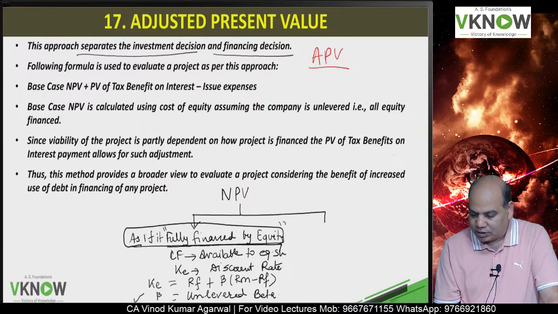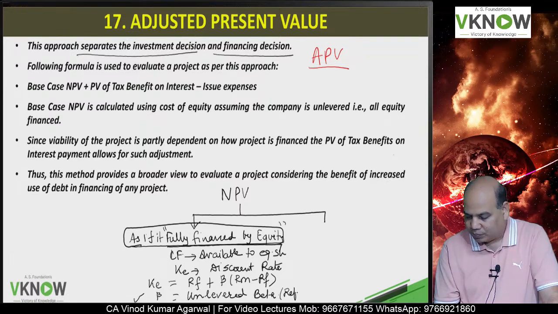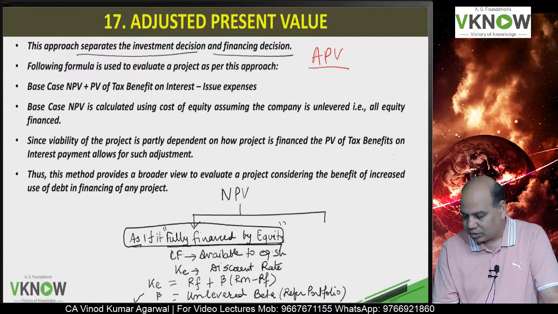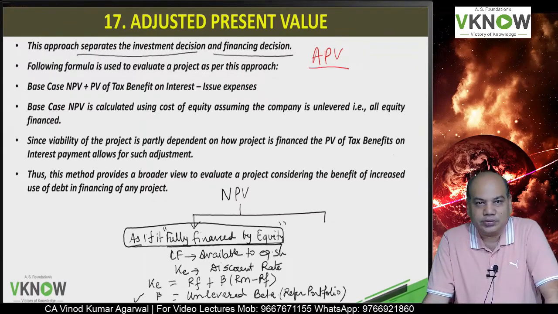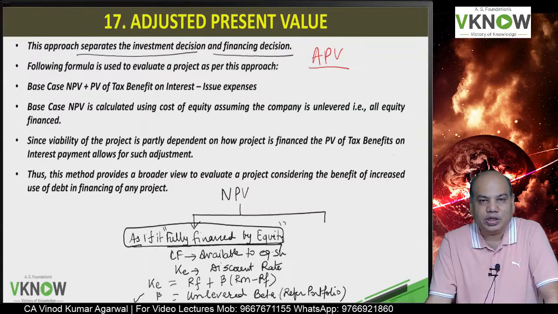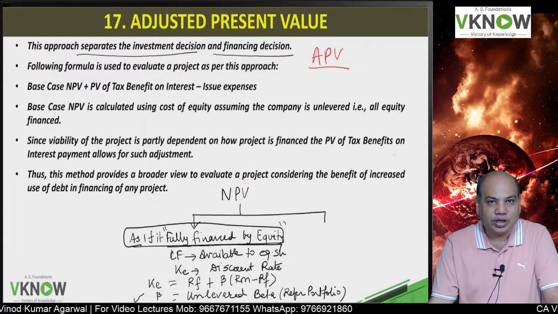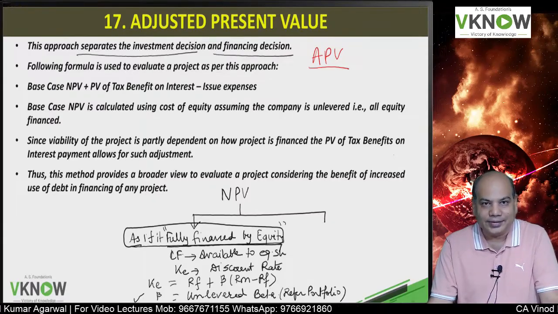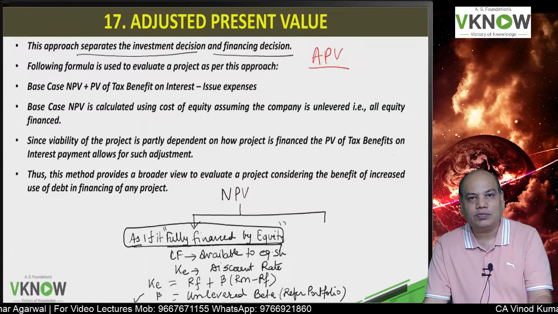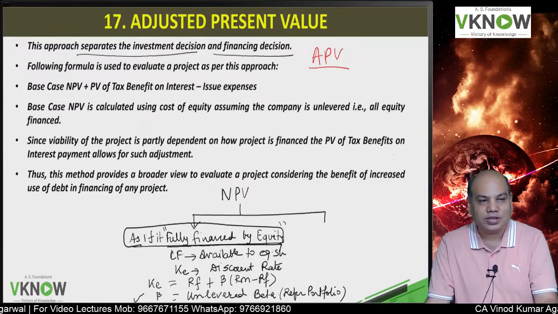What is unlevered beta? Refer portfolio chapter. Unlevered beta is the beta of equity of a firm which uses only equity and doesn't use debt. So it is the beta of a 100% equity financed company.